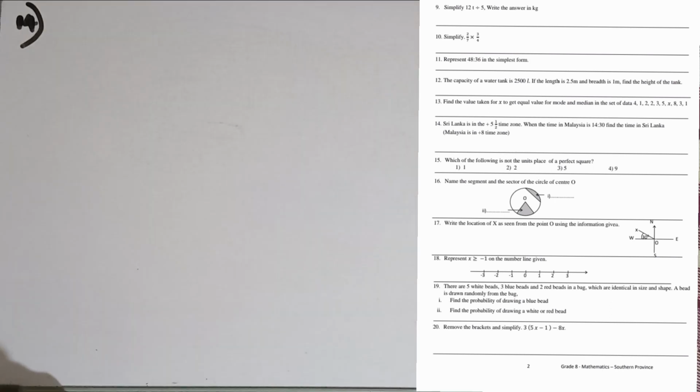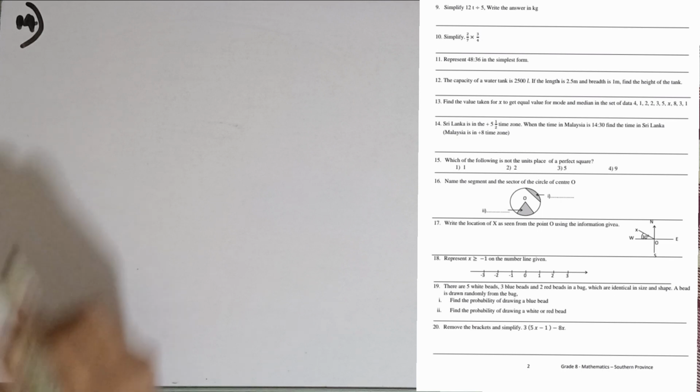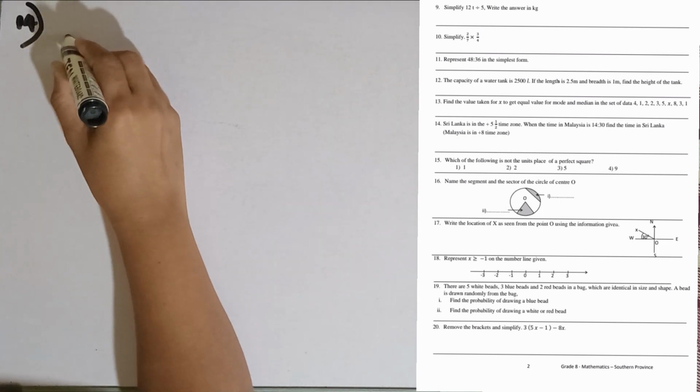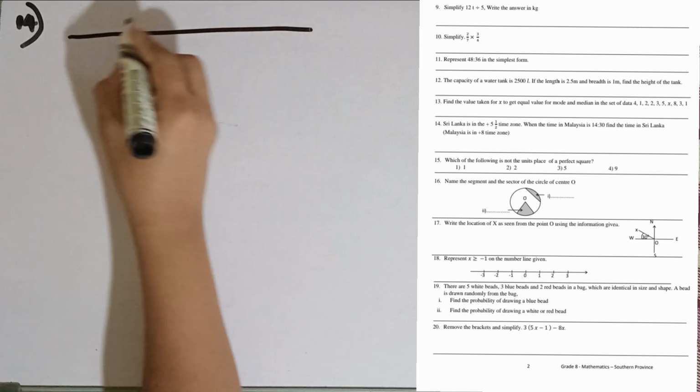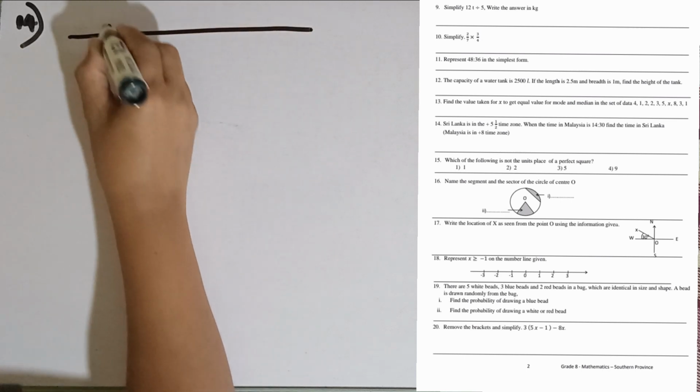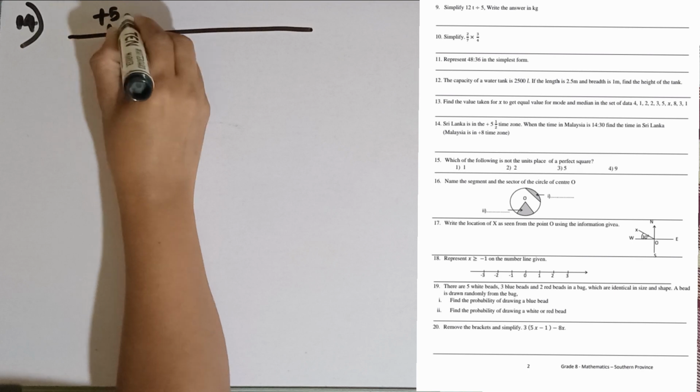Question number 14. Sri Lanka is in the plus 5.5 time zone when the time in Malaysia is 14 hours 30 minutes. Find the time in Sri Lanka. Malaysia is in plus 8 time zone. If I use a small diagram for this, this is Sri Lanka plus 5.5.